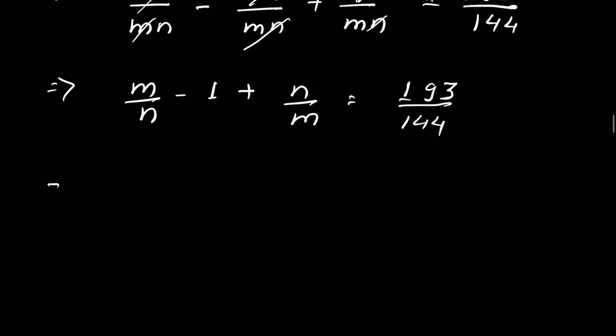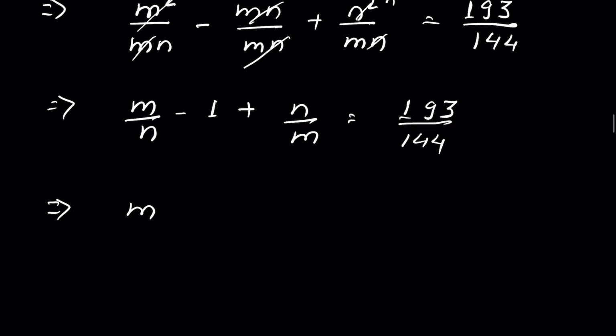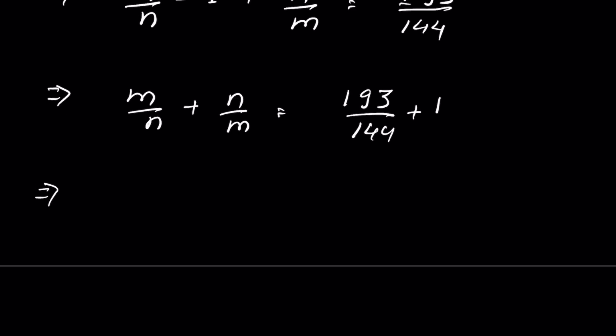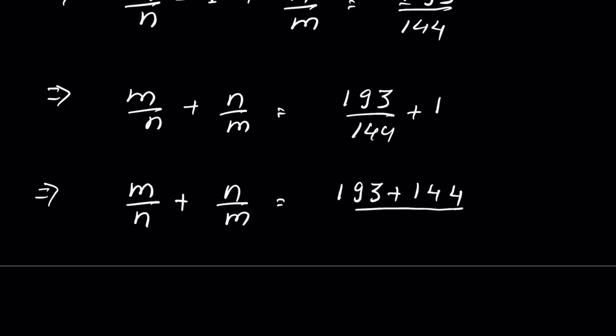Now we add 1 to both sides, we have m upon n plus n upon m is equal to 193 upon 144 plus 1, or 193 plus 144 upon 144.